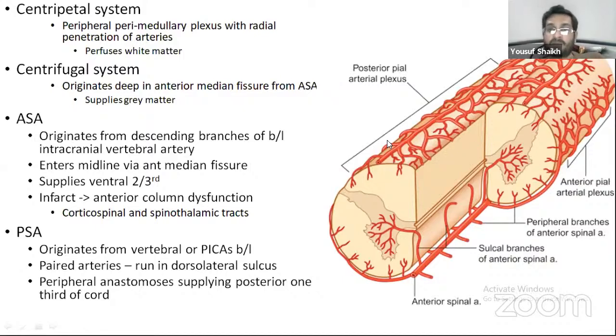The posterior spinal arteries supply the posterior 1/3 of the spinal cord, and because the spinal cord posteriorly contains predominantly sensory tracts, even in a setting of bilateral posterior spinal artery injury, the results are usually good. On the contrary, the anterior spinal artery supplies the anterior 2/3 of the cord. Because it supplies all the motor tracts and fibers, injury to the anterior spinal artery is likely to cause complete quadriplegia, and the results are the worst in this case.